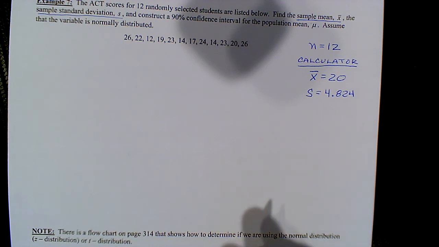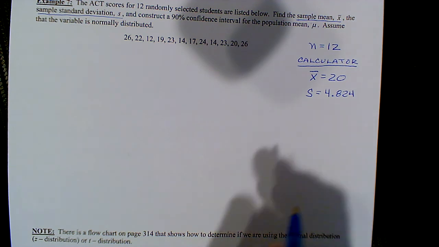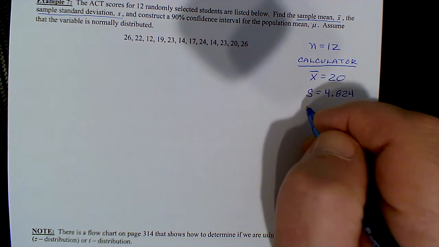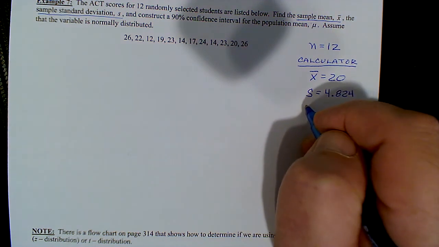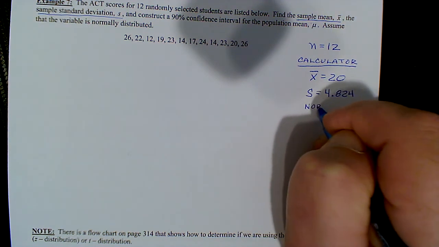And I should actually mention that that tells us it's a T distribution again, because using the flow chart, we don't know sigma, but it's normally distributed, so we're good to use T.